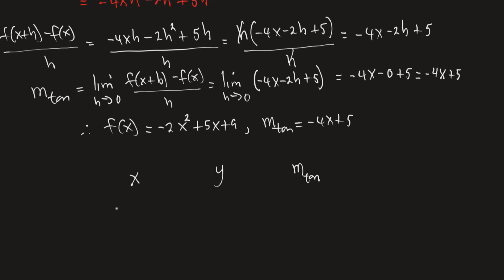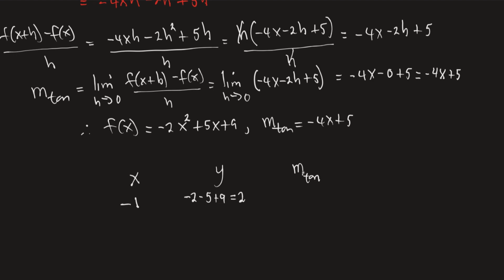So let's do this. Let's pick a negative value for x, and then 0, and then a positive value. So let's start with something like -1. If I plug -1 in here, I'm going to have -2 minus 5 plus 9. So this gives me a y value of 2, right?